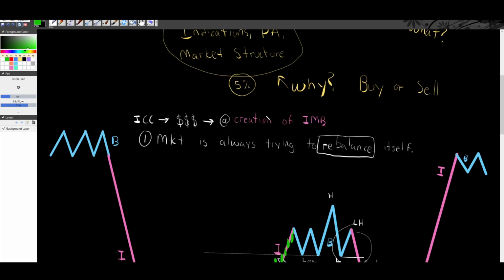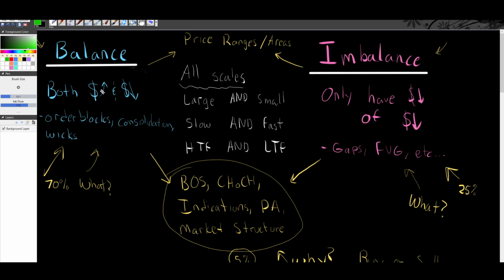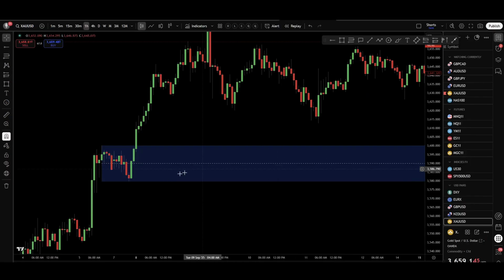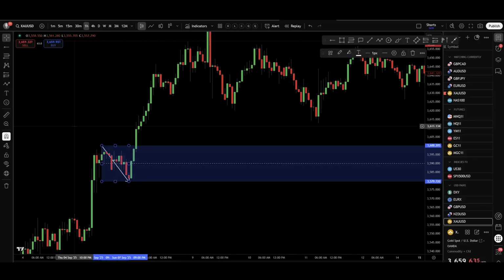It's a place where there are both buyers and sellers. Are there both buyers and sellers inside this price range? Yeah, there's both bullish and bearish candles inside this area from this high up here down to this low here. This range, this area is just a bunch of buyers and sellers.